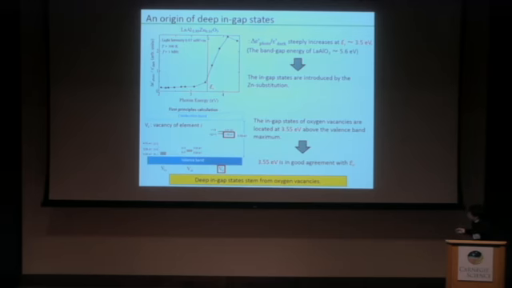Among them, the in-gap states of oxygen vacancies are located at 3.55 electron volt above the valence band maximum. This energy is in good agreement with this value. So these results suggest that deep in-gap states stem from oxygen vacancies.